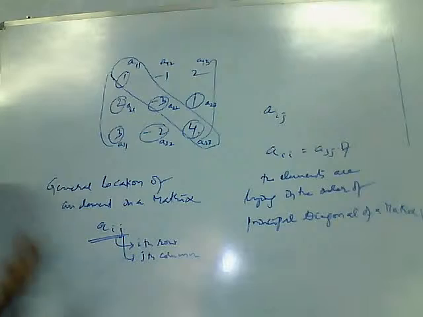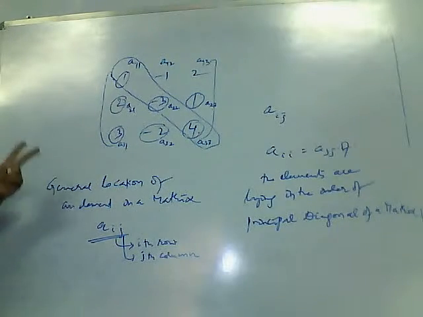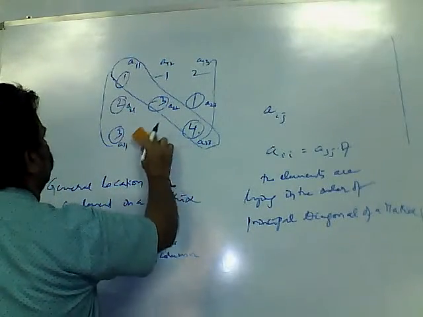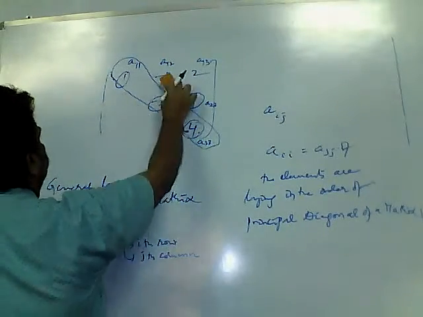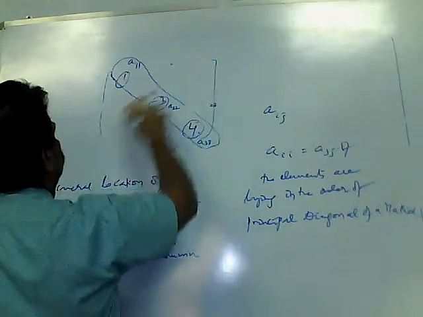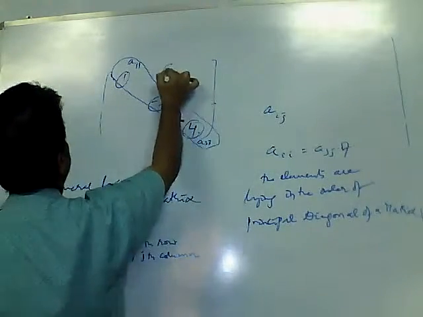Right. Based on your square matrix, rectangular matrix, you know, and now you have understood that in these cases, suppose I took the remaining all as zeros.